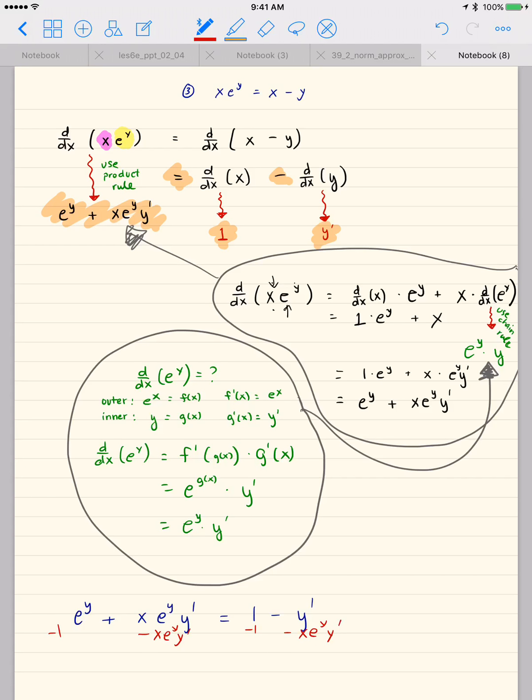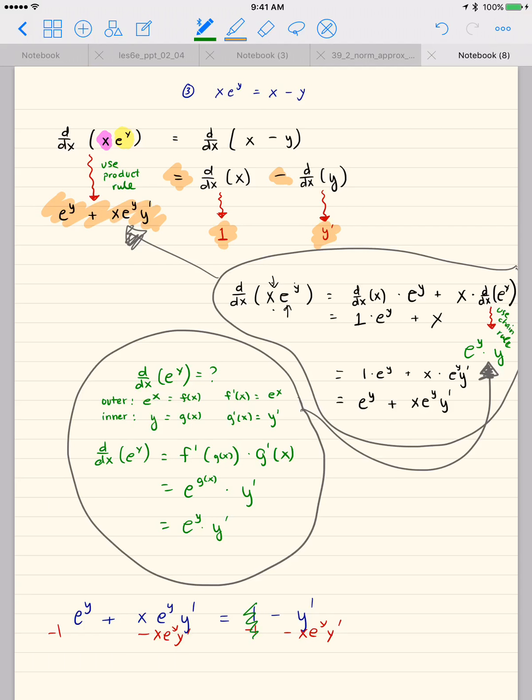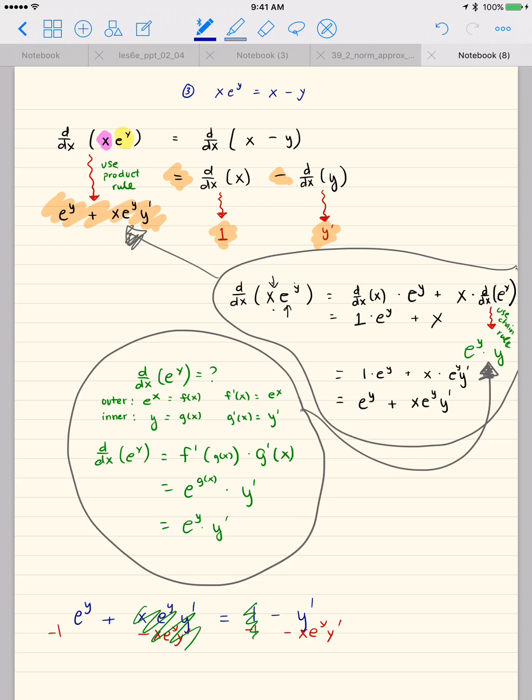Okay, so now that's going to cancel out, that's going to cancel out. So we have e to the y minus 1 equals negative x e to the y, y prime, minus y prime. And I'm going to factor out y prime.